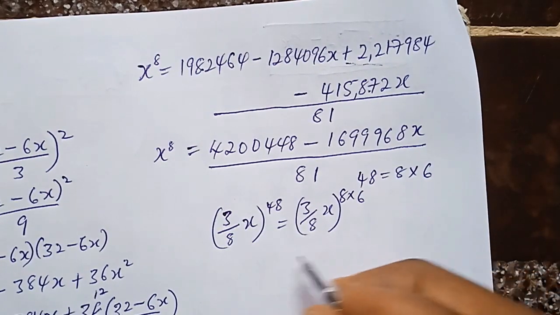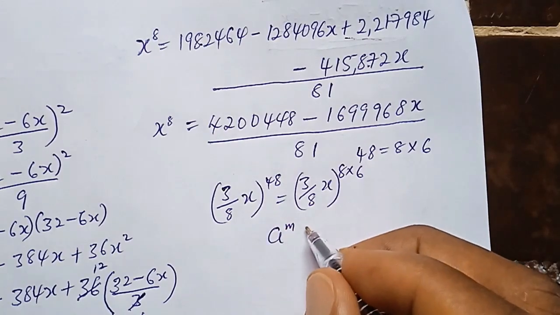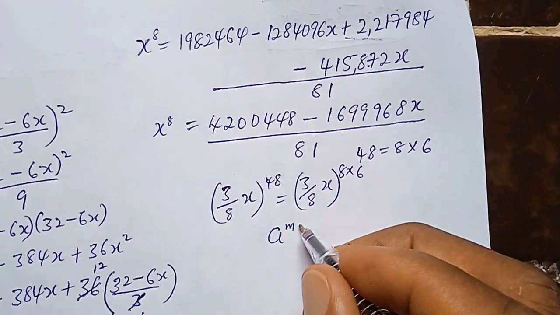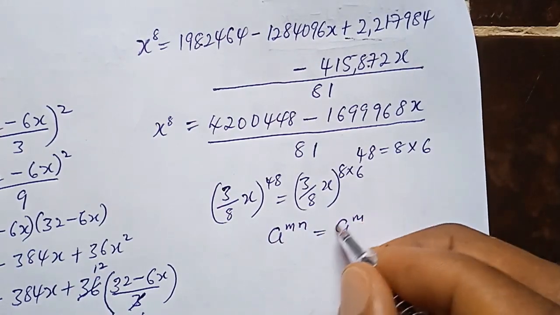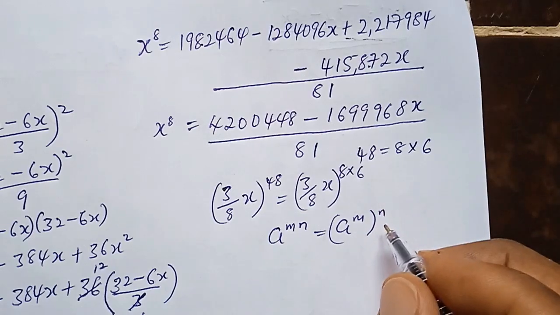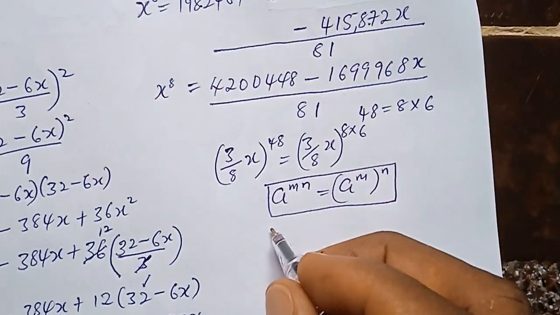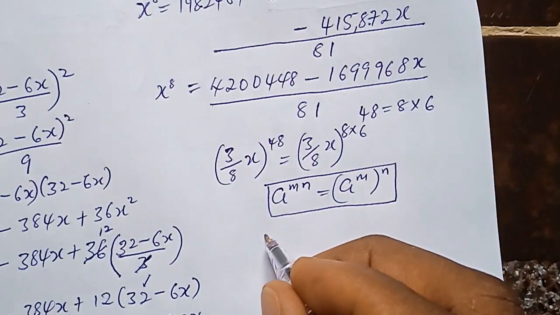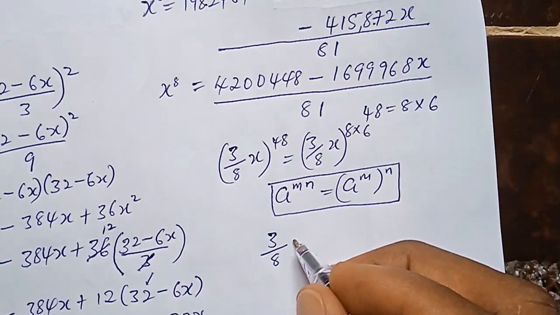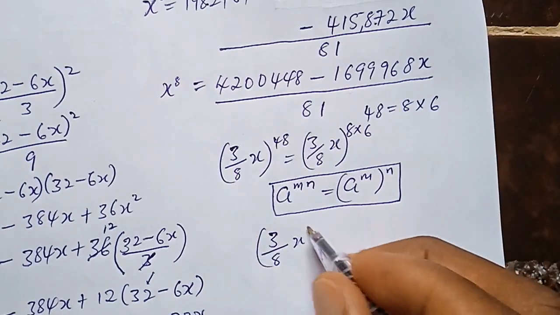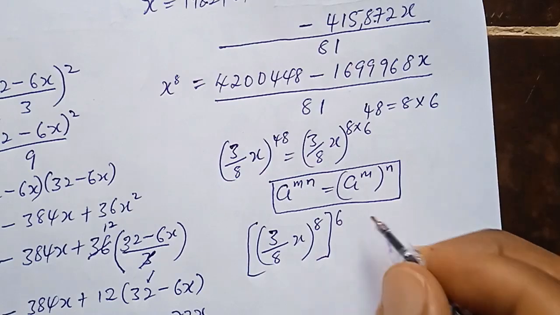Okay, so if we use this identity, a power m multiplied by power n can be written as a power m into brackets power n. So we use it to simplify this, and we can have this to be 3 over 8 x into bracket 8, then into bracket 6.